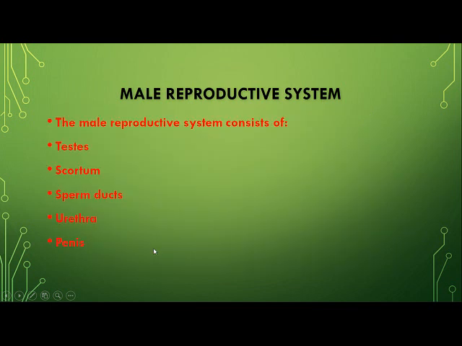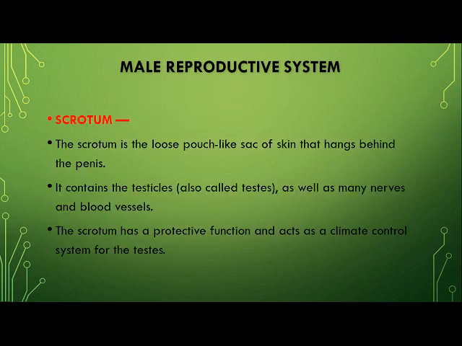Okay, so children, let us understand the male reproductive system. It consists of testis, scrotum, sperm ducts, urethra and the penis. The scrotum is a loose, sac-like pouch of skin which hangs behind the penis, and it contains the testicles.